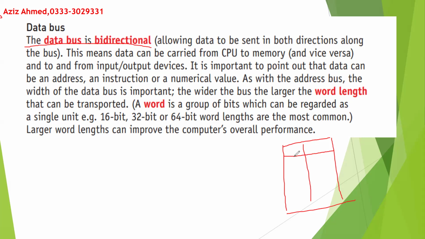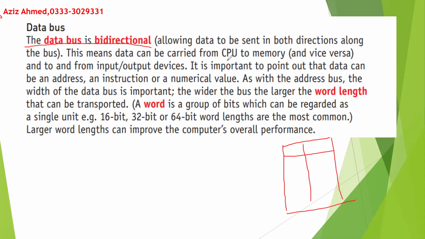The first column is address, and the second column, as I showed you in the previous slide, allows data to be sent in both directions along the bus. So data moves through the data bus.